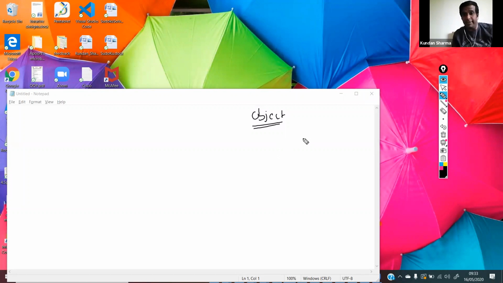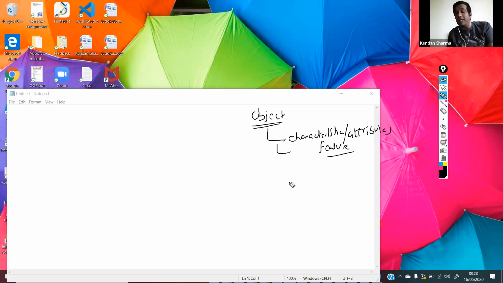It has some characteristics, or features. It's an English word, please don't think I'm using any technical word. So every object will have some characteristics, some attributes, some features.